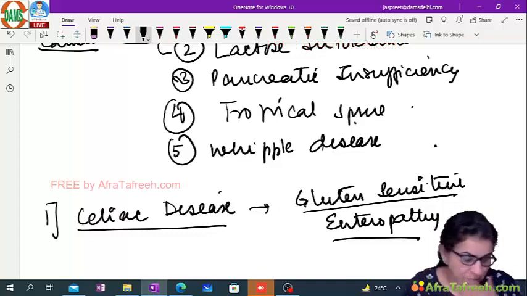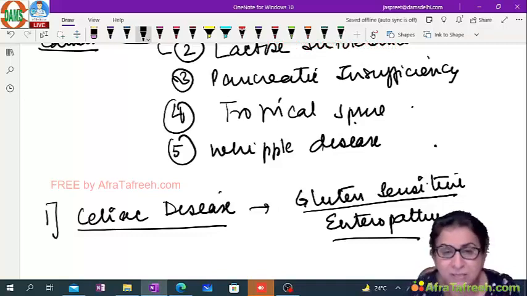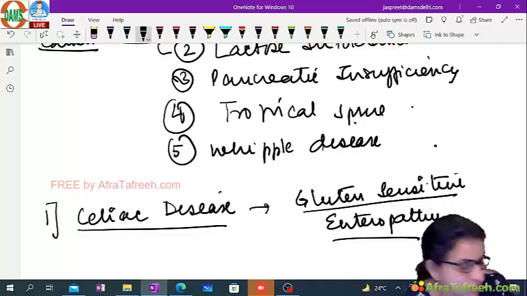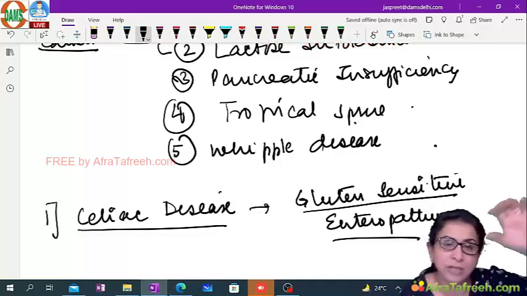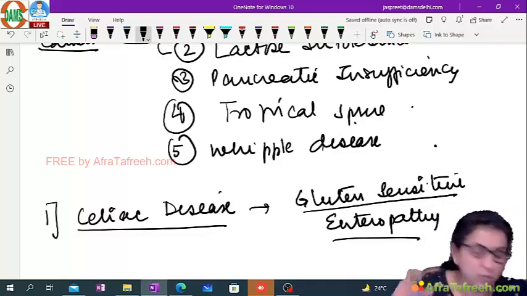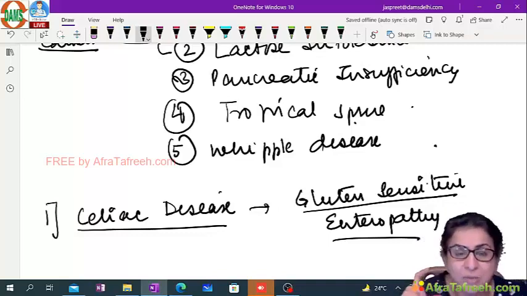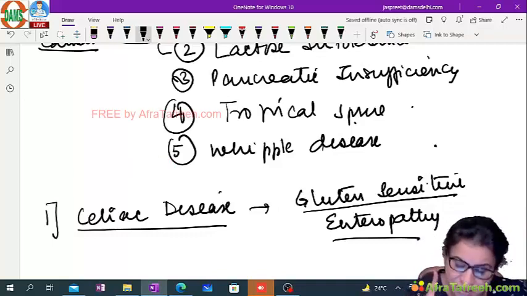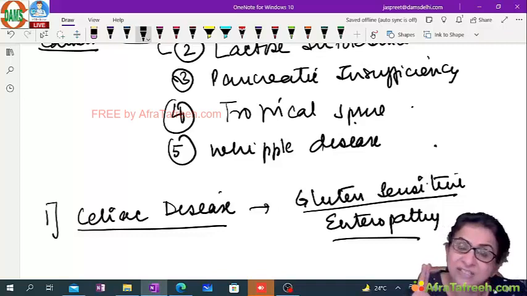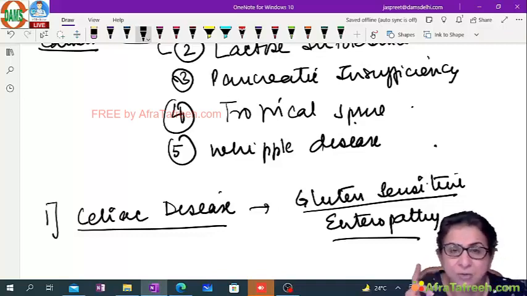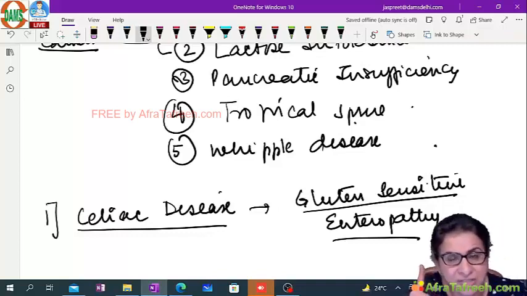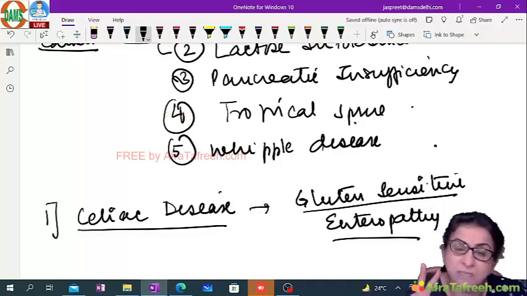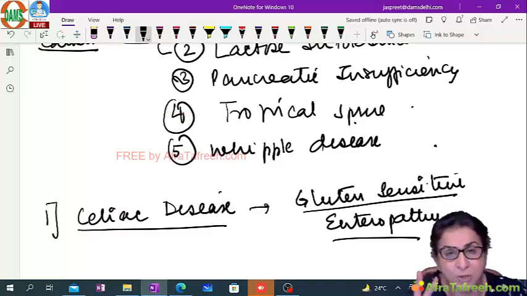I discussed before the break duodenal and gastric ulcers. I told you the mechanism in case of duodenal ulcer. What is the mechanism leading to ulcer formation? Number one, mucosal defenses decrease, and number two, gastric acid secretion increases. Duodenal ulcers are due to increased gastric acid secretion and also due to decreased mucosal defenses. Both factors play a role.